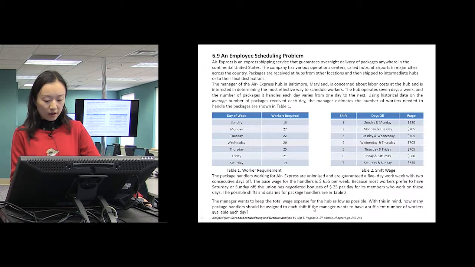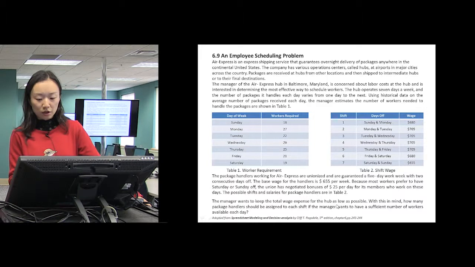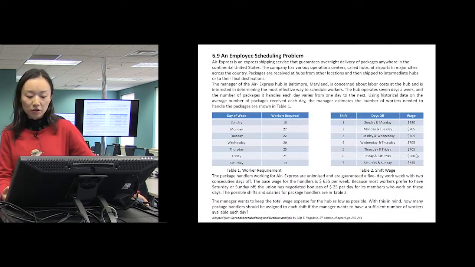They have an objective, which is to keep the total wage expense as low as possible. The reason for this decision is that people on different shifts are given different wage rates. If they had the same wage rate, it wouldn't matter, but here they have different wage rates.